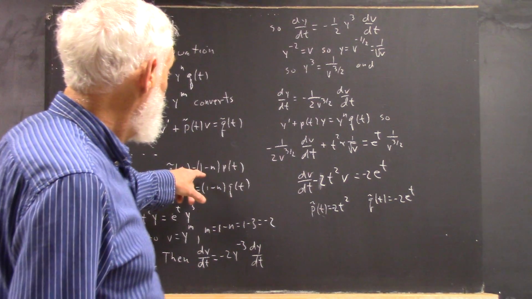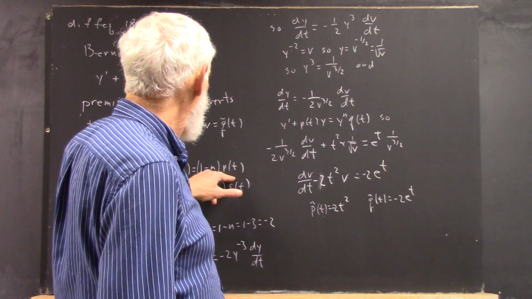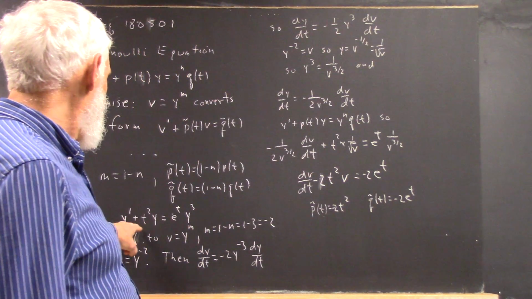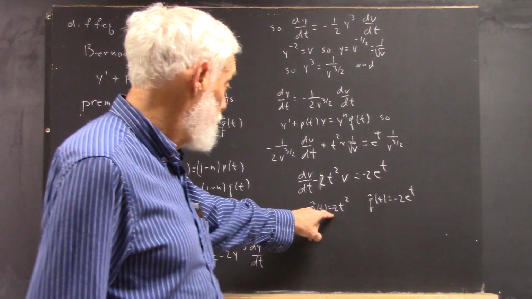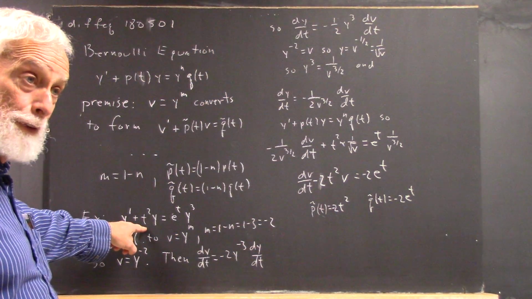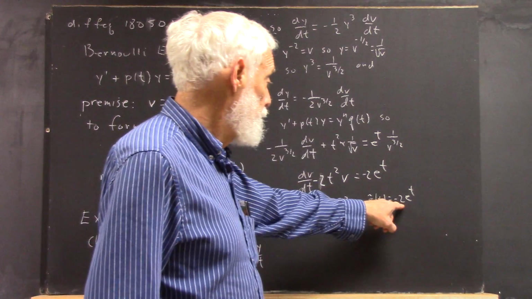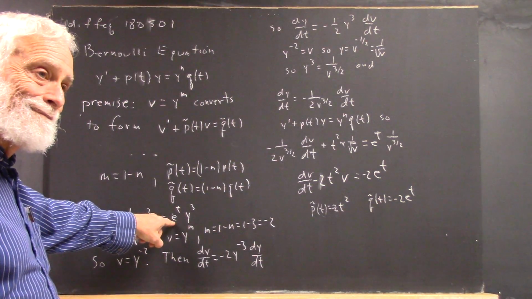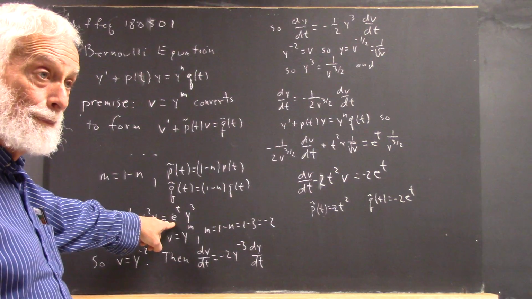And this is just some coefficient times your p of t, which is your t squared. Well, that coefficient is negative 2. In other words, p tilde is negative 2 times p of t, right? And q tilde is negative 2 times your e to the t, your q function.